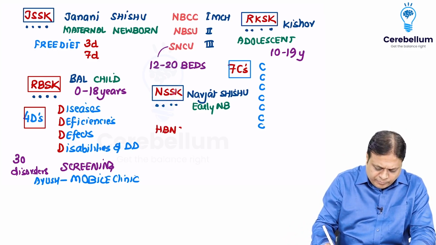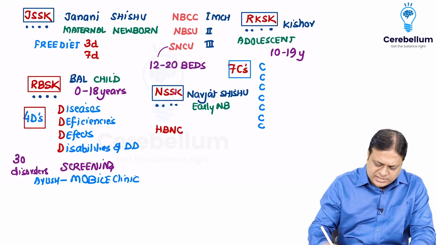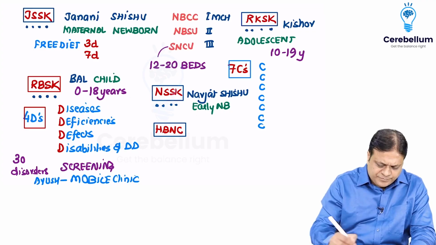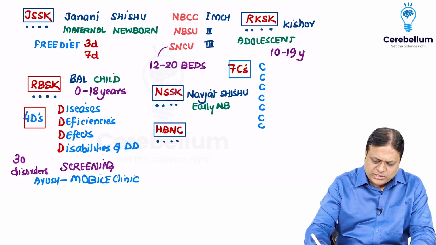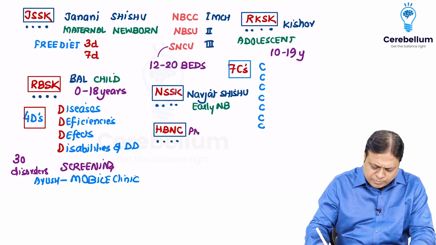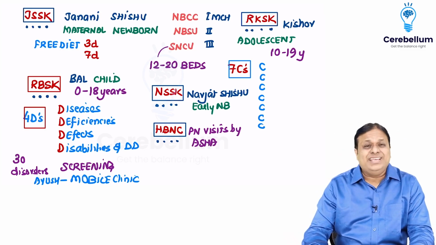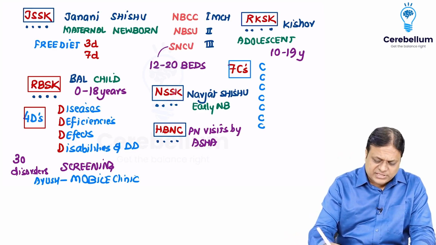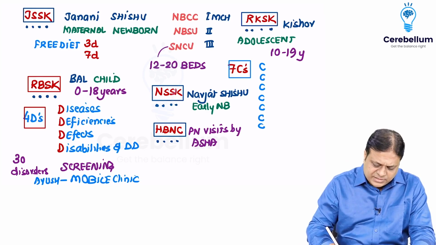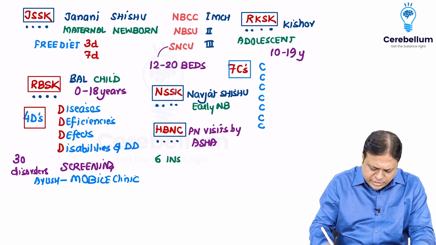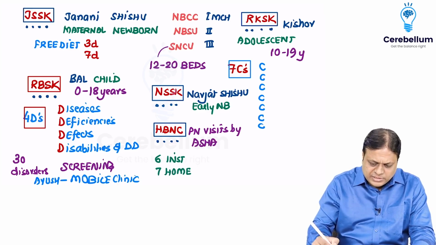HBNC. What is HBNC? This is home based newborn care, which includes postnatal visits by ASHA worker in the healthcare system of India. These postnatal visits are 6 in cases of institutional deliveries, 7 in cases of home deliveries.